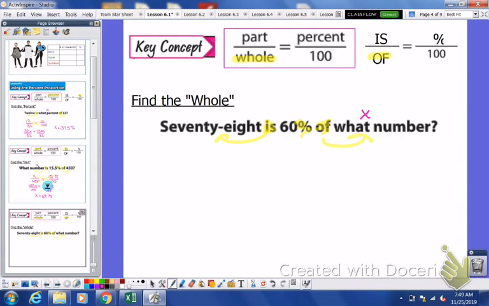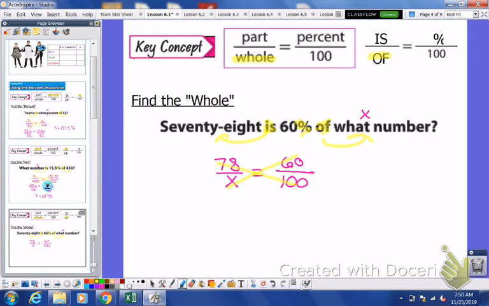So filling in what we know, our part or our is 78 over our of is our unknown. So there's our x equals 60 over 100. Notice guys, when we have our percent, we don't put the percent into the proportion, we just put the number.